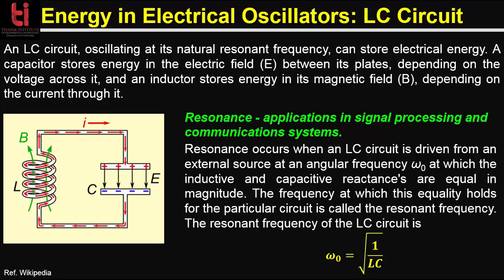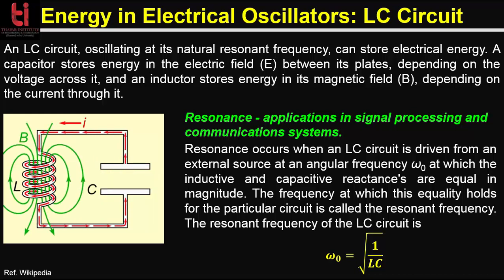So when you actually tune a radio to a particular station, the LC circuits are set at resonance for that particular carrier frequency. Also, a series resonant circuit provides voltage magnification. A parallel resonant circuit provides current magnification.